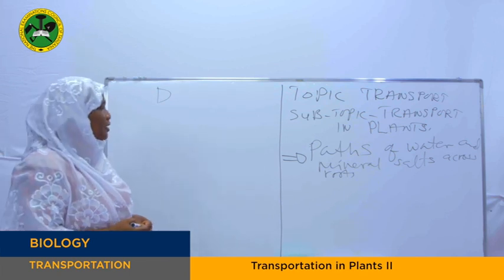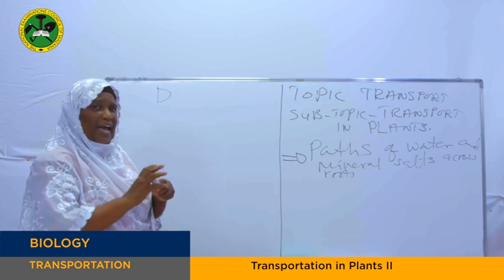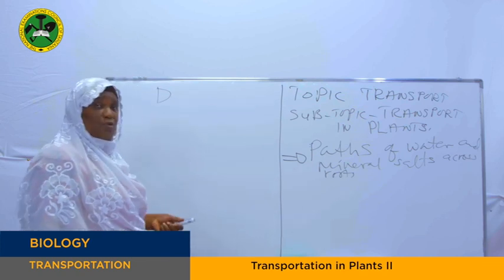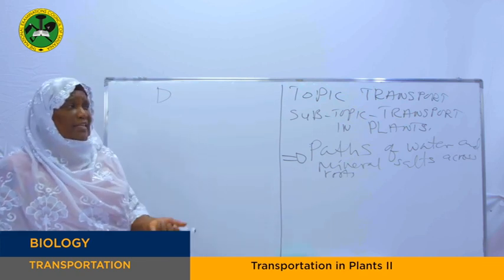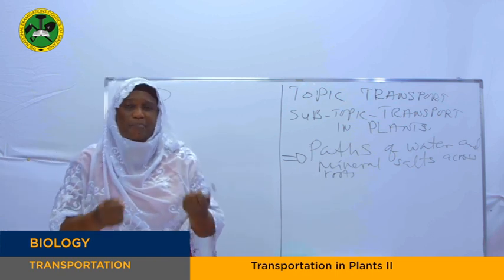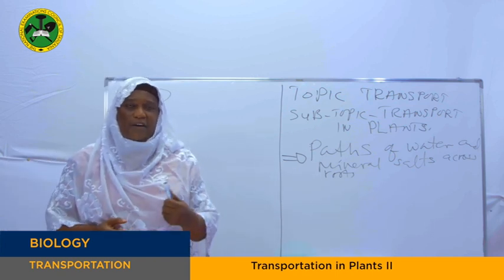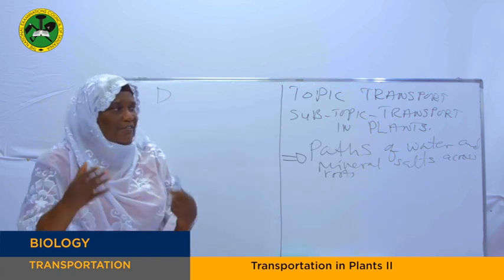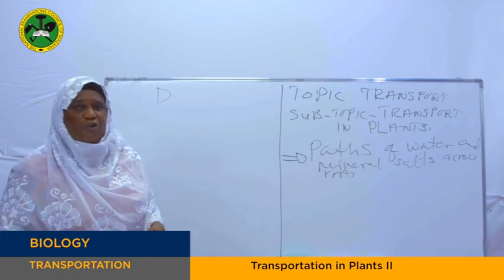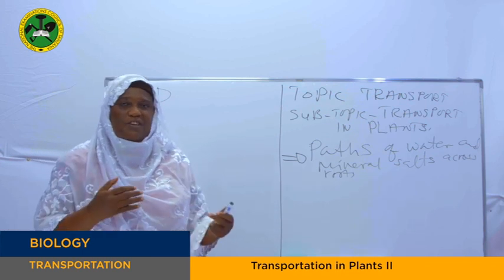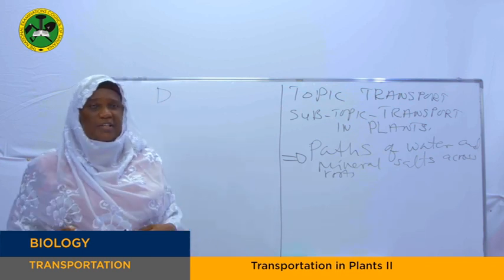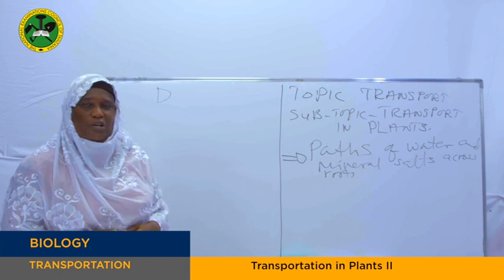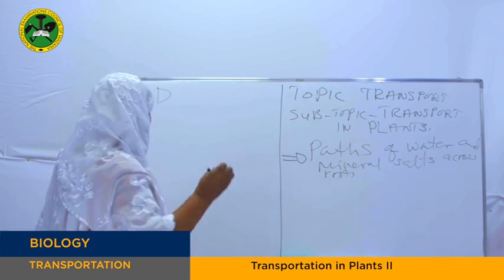Mind you that you cannot make any kind of distinction without knowing what is active transport and what is passive transport. Therefore, you are required to define the terms first. After defining the terms, then you will be in a better position to differentiate the two. Here, I'm going to start with the passive.